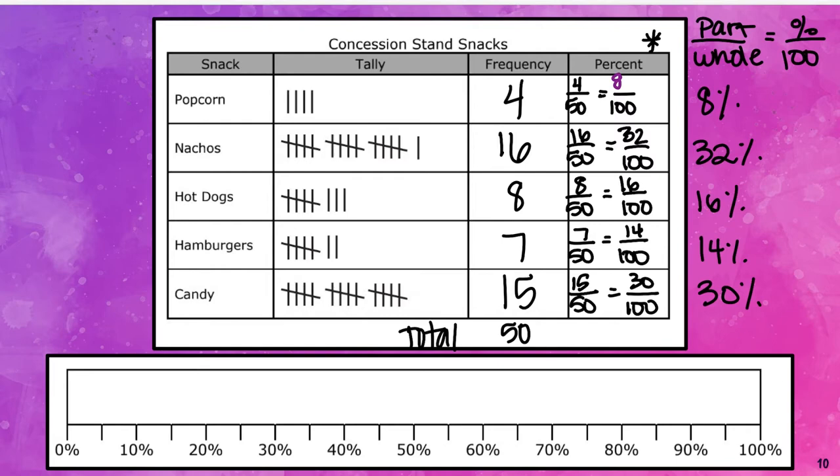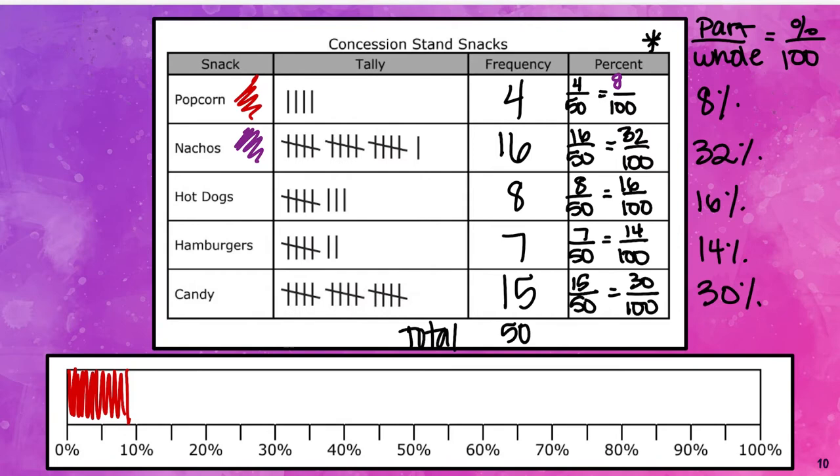So now I want to make my percent bar graph. So I'm going to give popcorn red, and popcorn represents 8%. So I'm going to start at 0 and go a little bit before 10 because I needed to show 8%. So now I have nachos, which are 32%, and I'm going to make purple.